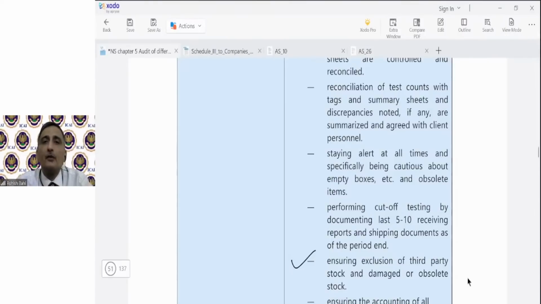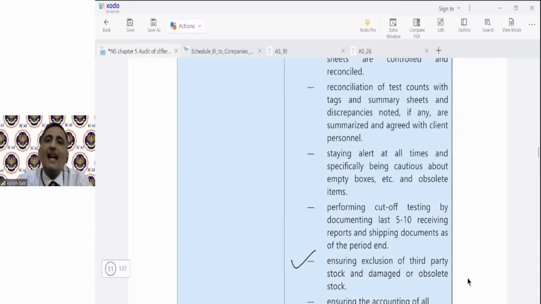So this point, students, I have told you previously also that suppose in case of a company, some stock is lying with the company which belongs to third parties, then this stock has to be excluded.